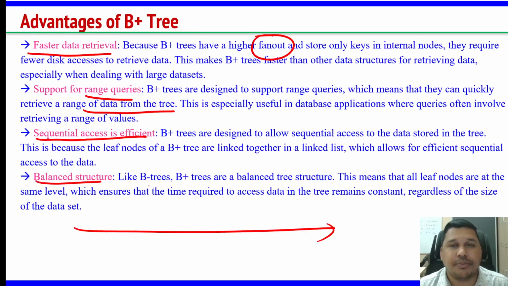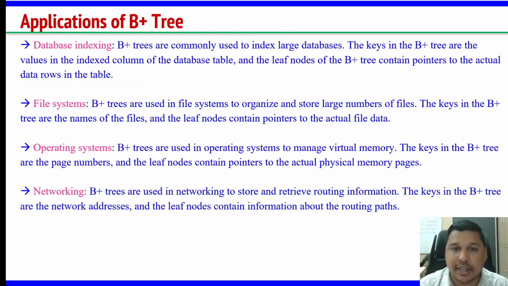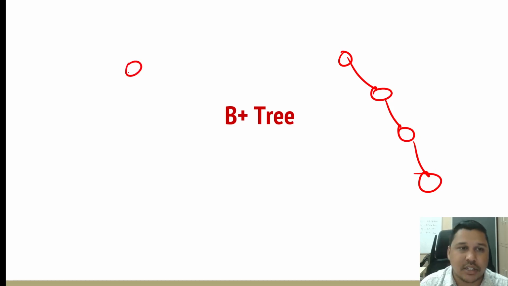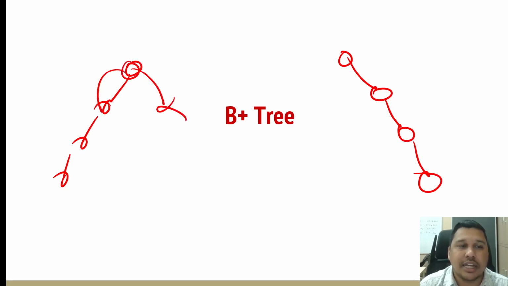Balanced structure: like B tree, B plus trees are also a balanced structure. Why? When it is balanced, it is very quick to access the elements. If you have a tree that is not balanced, like a left skew tree or a right skew tree, accessing always means you check left, right, not there, again left, right, not there.